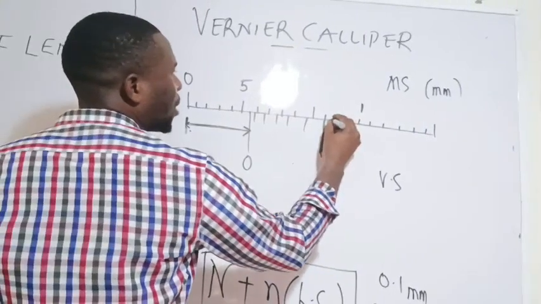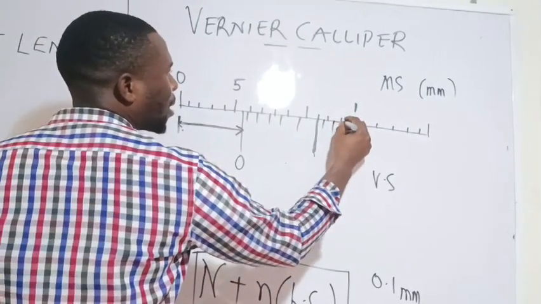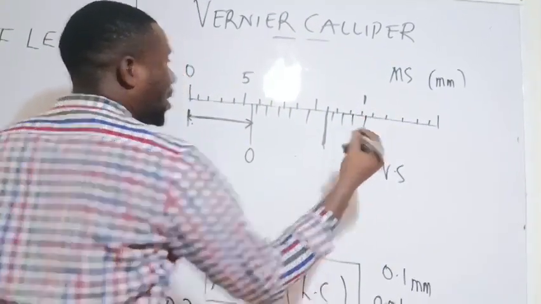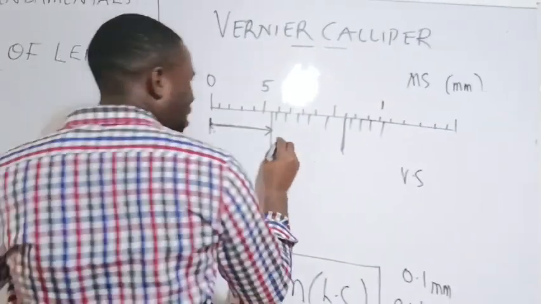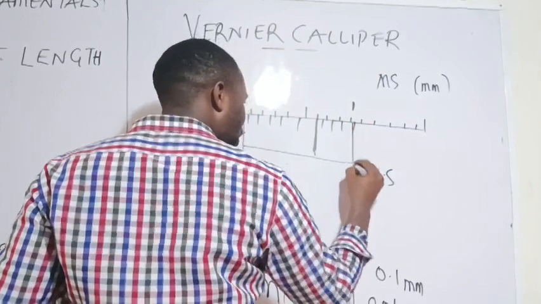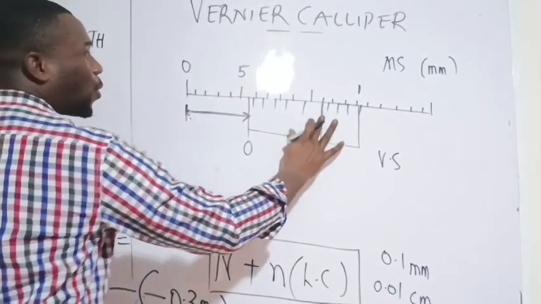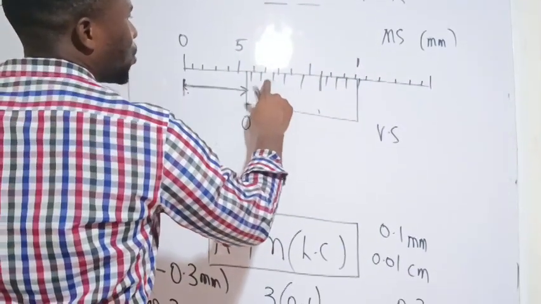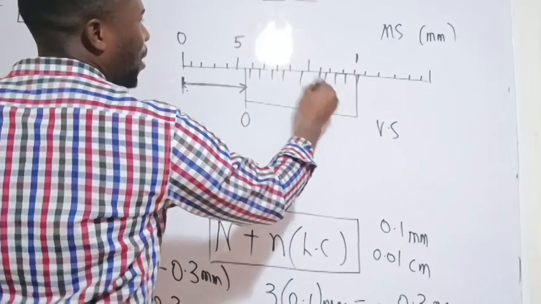This is 6, 7, 8, 9, and this is 10. This is my Vernier scale, and this is the point of coincidence: 1, 2, 3, 4, 5, 6. This is the 6th mark.